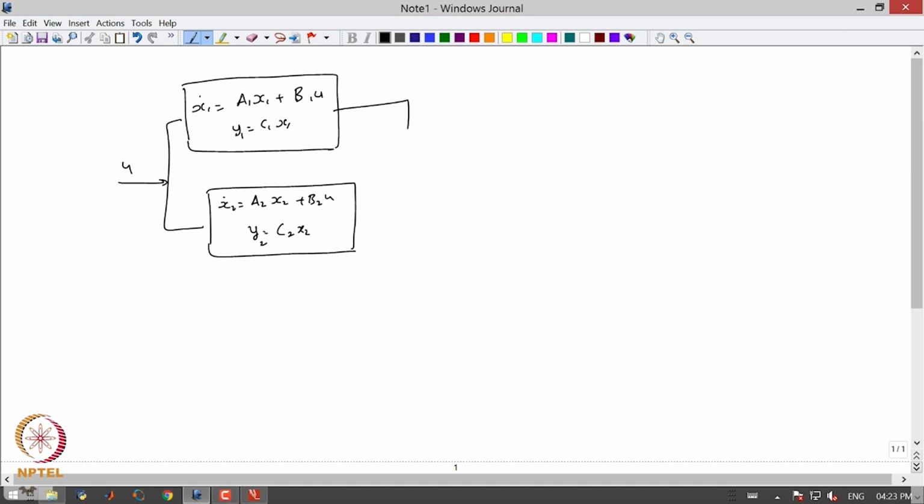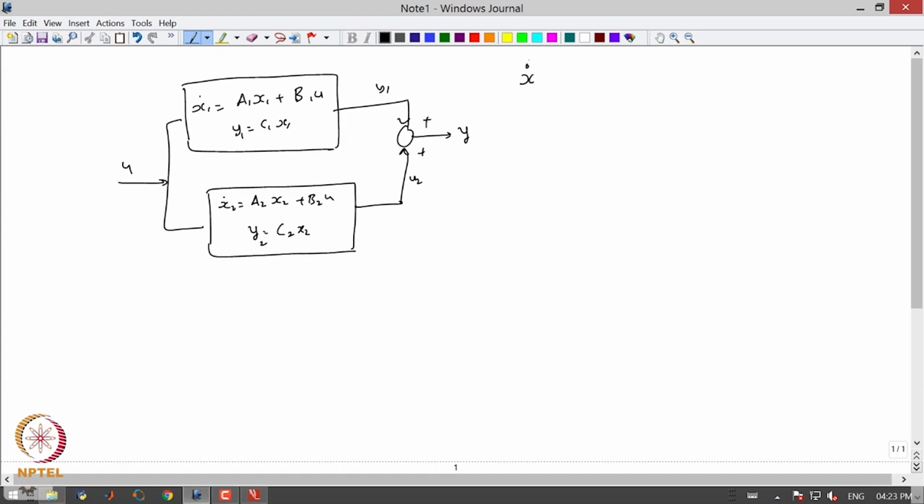I take both the outputs y1 and y2, and together I measure y. Okay, so this is easy. So we have two systems. So I think we'll just write it down.